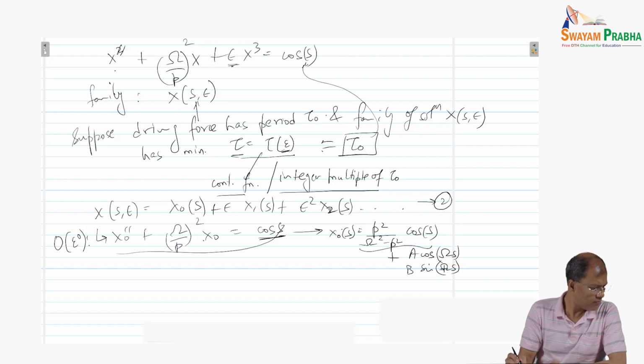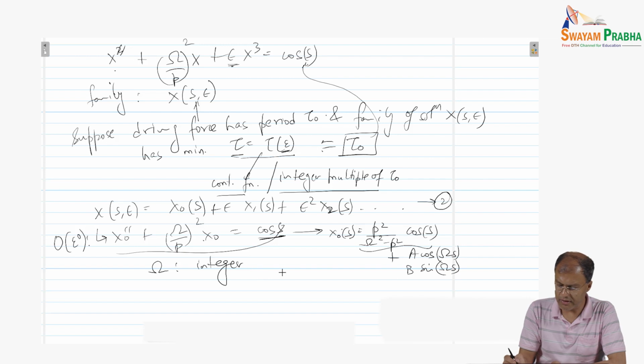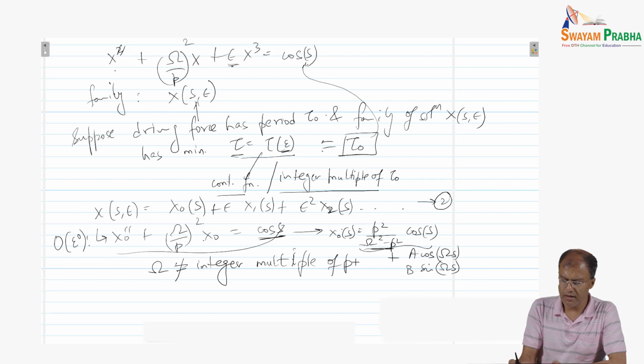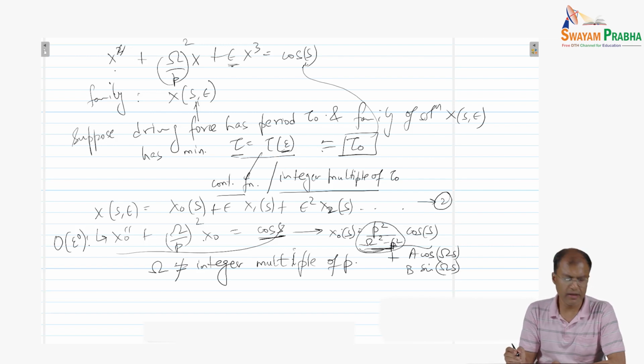And we see that omega is not an integer multiple of p. If it had been the case, then we would have run into trouble. So omega is not an integer multiple of p, because of this term sitting here.